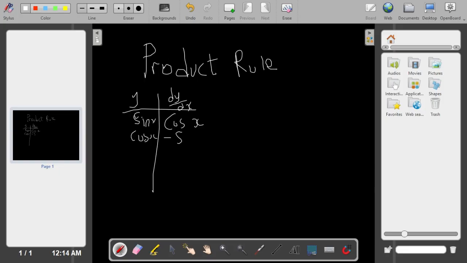Minus sin x. When you differentiate tan x, what is it? Sec square x.